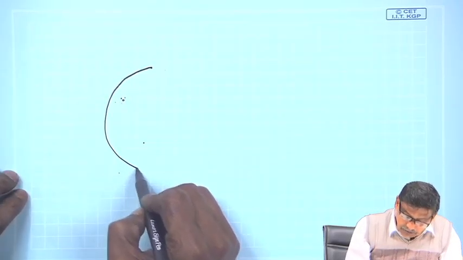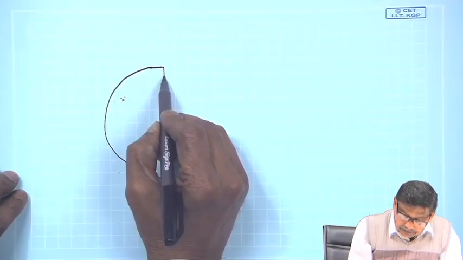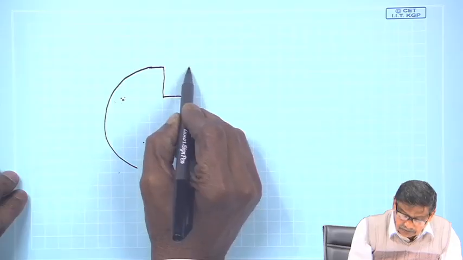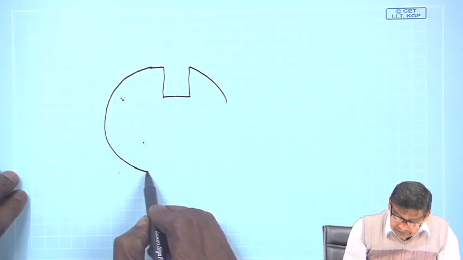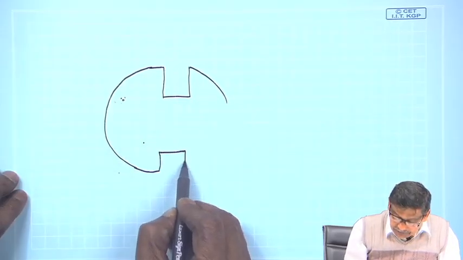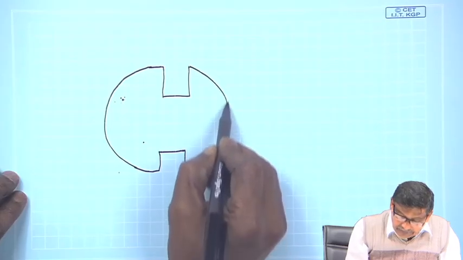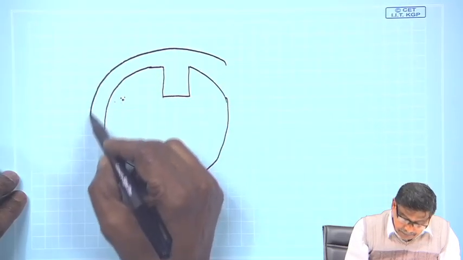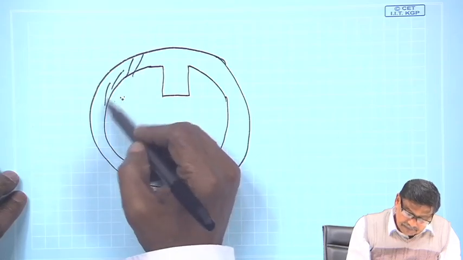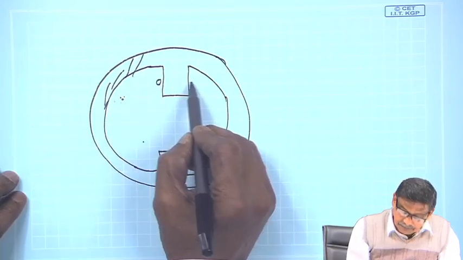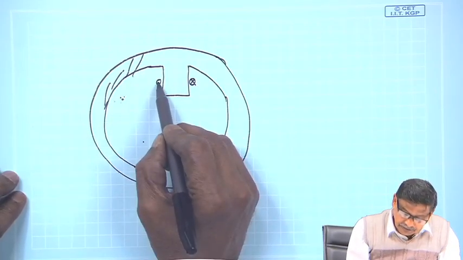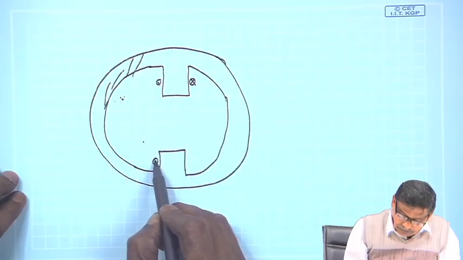So, suppose, and we will come to this over and over again, do not worry. Suppose this is north pole and this is south pole, let me draw quickly, and this is the iron, these are all iron, and it might have some coils to create your north and south pole.